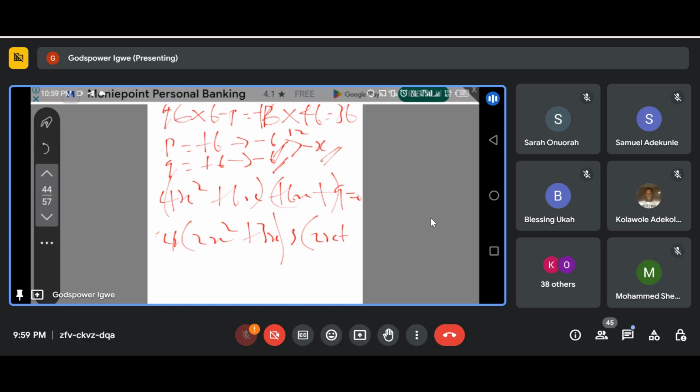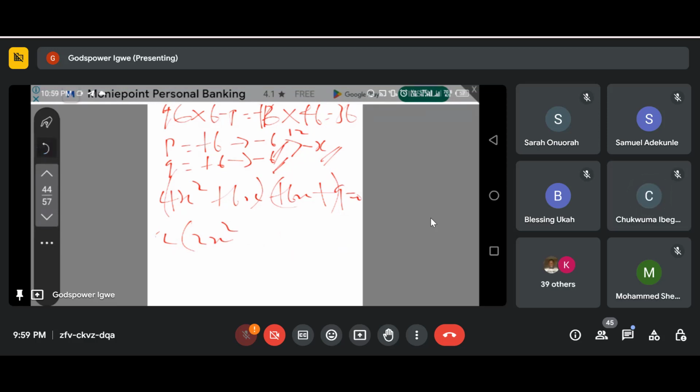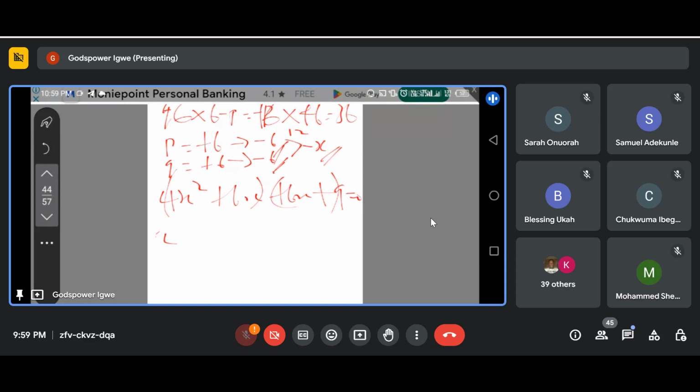Let's take this as 2x, so that this x will go. This will be 2x, then plus 3, and then this one will be 3, so that it will remain 2x here plus 3 go here is 3 equal to 0.